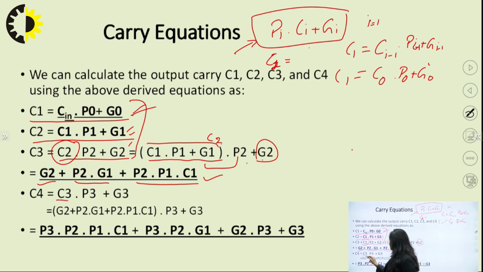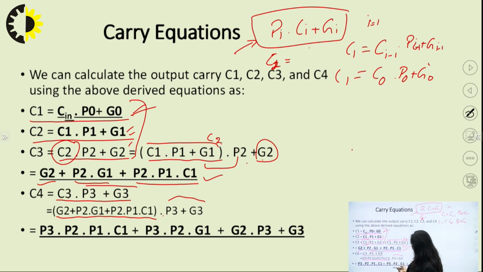C4 is C3 dot P3 plus G3. Again I am putting the value of C3 here. C3 is nothing but G2 plus P2 dot G1 plus P2 dot P1 dot C1, and again dot P3 plus G3. So this is the complete value of C4.